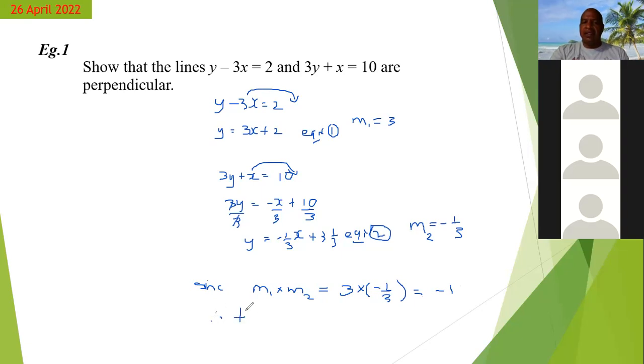So therefore the lines y minus 3x equals 2 and 3y plus x equal to 10 are perpendicular.